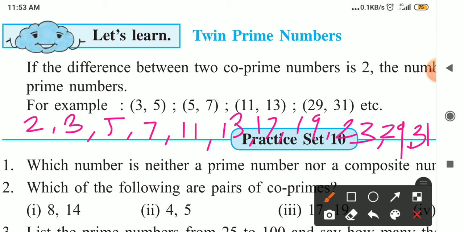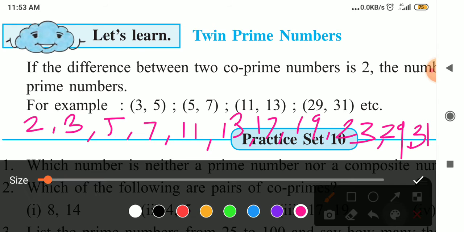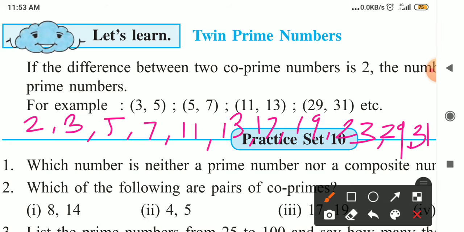So what you have to do here is check the difference between two prime numbers. What is the difference between 2 and 3? It is 1. Wait, I will write these numbers in a particular manner.